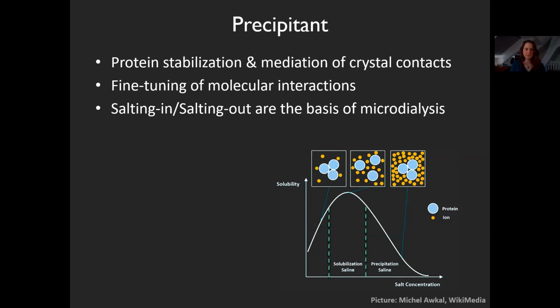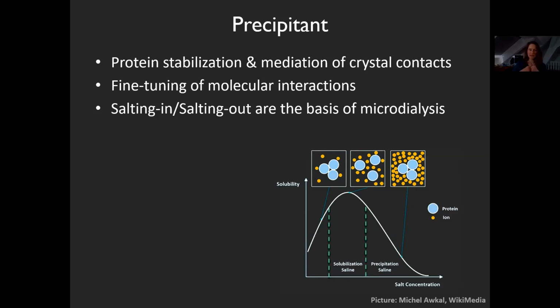And there's also an effect called salting in and salting out. Here you can see a curve of solubility versus salt concentration. The solubility is rather low at low salt concentration, then increases and then decreases again. This is thought to be because the protein likes to stick together if there's not much salt.